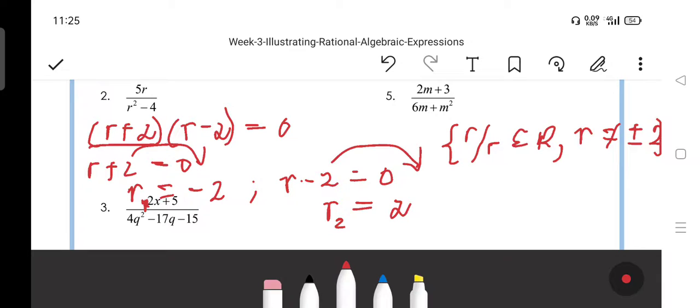Okay, that's it. Okay, kahit set notation lang, okay na yan. And we will discuss interval notation if we still have time. Okay? So that's our answer for number 2. Set of r such that r is any element of real numbers provided that r should not be equal to positive and negative 2.